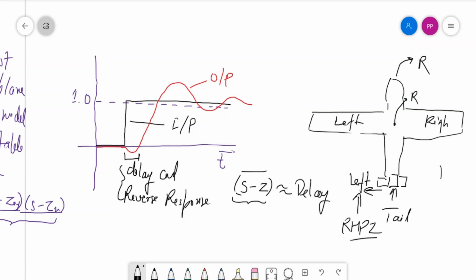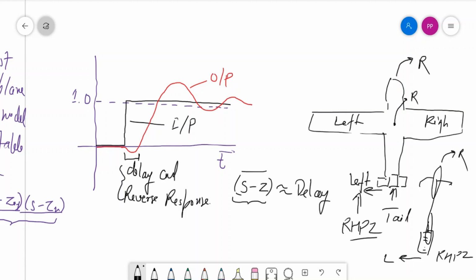Similarly, if you have a bicycle and you have a carrier over here, if the cycle takes the right turn, you will have a feel that the carrier is moving towards the left. This is again because of the RHP zero dynamics.